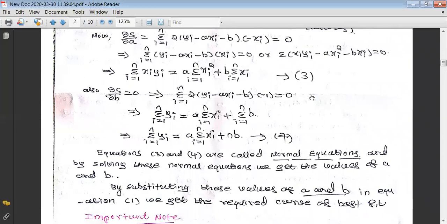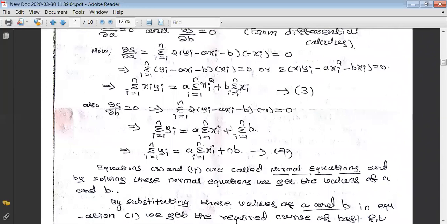And the same thing, when we differentiate equation 2 partially with respect to b, we get summation i varies from 1 to n, 2 times yi minus a xi minus b into minus 1.